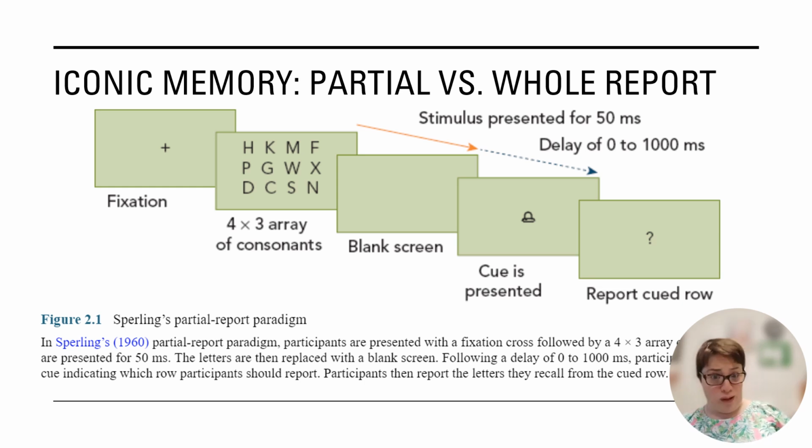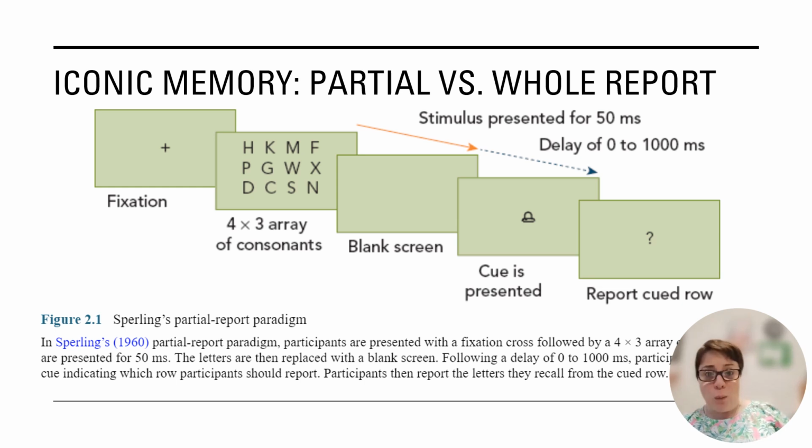The logic was that the capacity of iconic memory could be quantified as the number of letters a person can report from a randomly chosen row multiplied by the number of possible rows. If the whole report performance was the result of only being able to see 4.6 of the 12 letters, then performance on the partial report task should be 4.6 divided by 3, or 1.3 letters per trial.